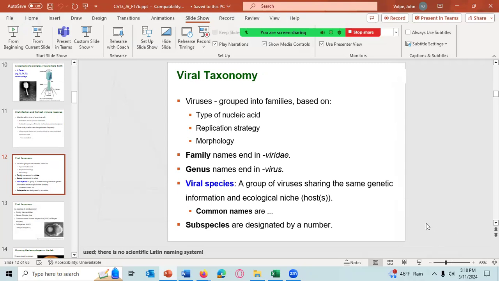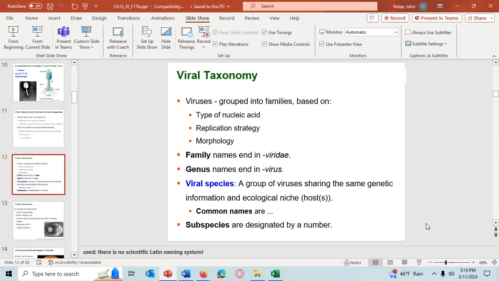All right, let's talk about viruses, viral taxonomy. Viruses are grouped into families based upon their type of nucleic acid, the replication strategy, and their morphology. We do have viruses grouped into orders, but above an order, we do not have viruses in groupings.